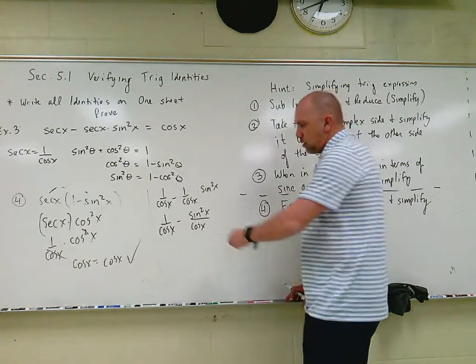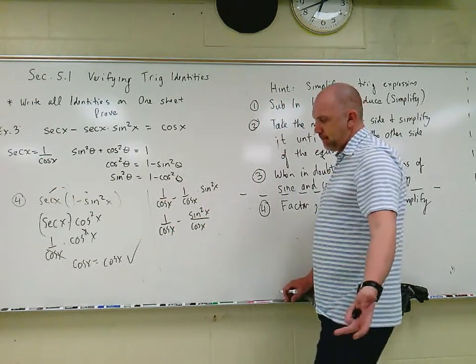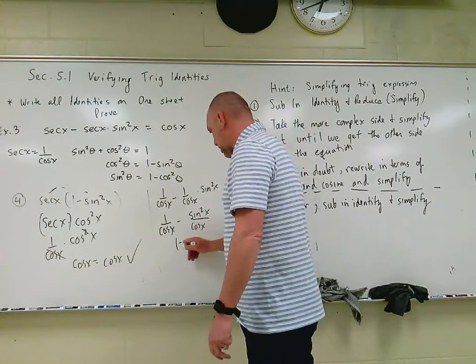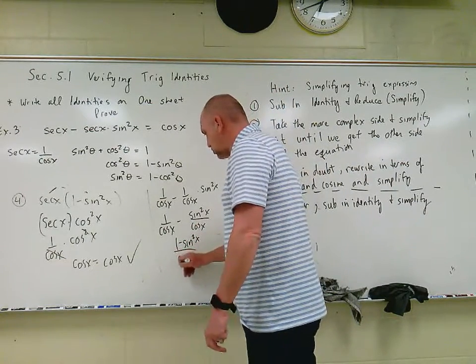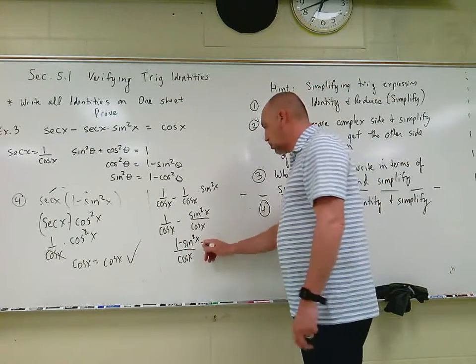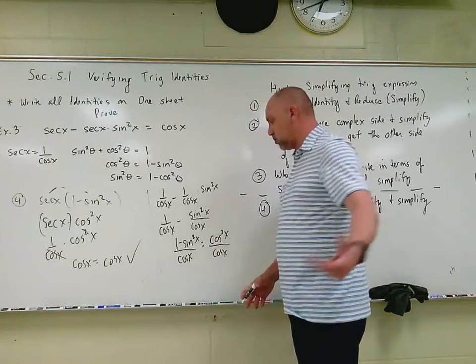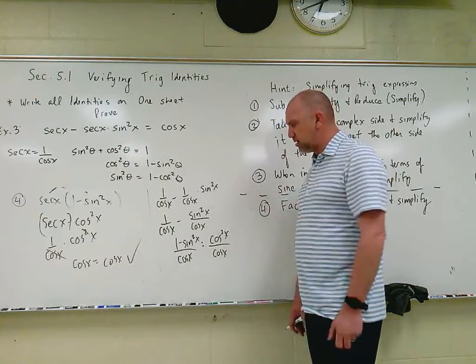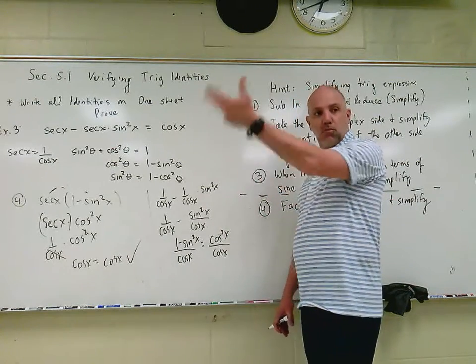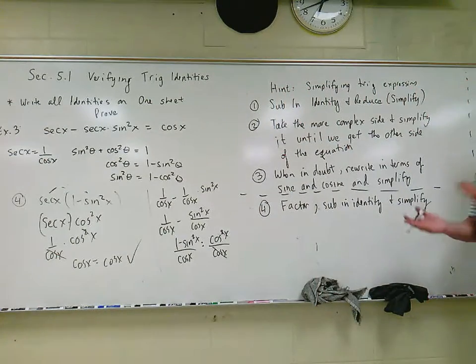If you have 2 fractions with a common denominator, what can you do? Yeah, make it 1 fraction, 1 minus sine squared over cosine, and now I'm back to that identity. 1 minus sine squared is cosine squared, and your way is actually also pretty good too. It's similar to this, but not exactly, because you change sine squared to 1 minus cosine squared. Those cancel. All right, there are lots of different routes. I just want to show you an example of when I would factor.